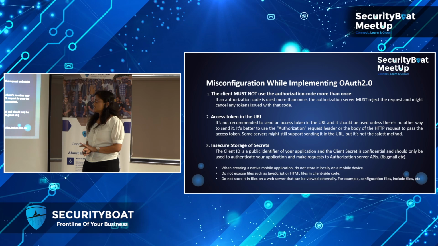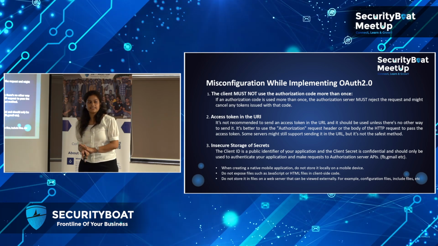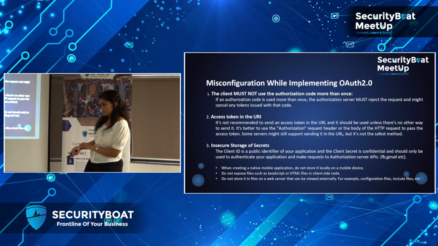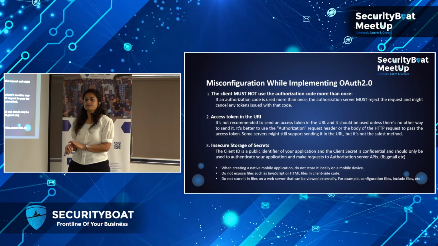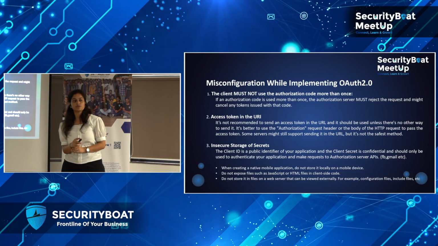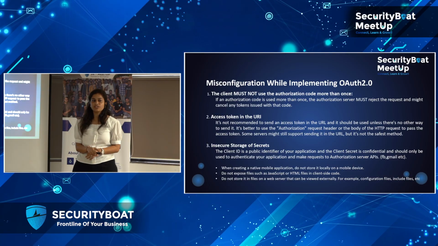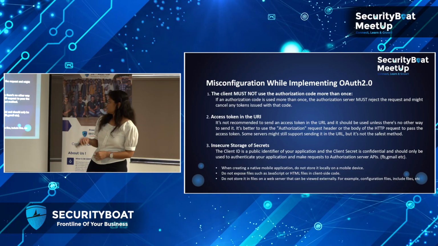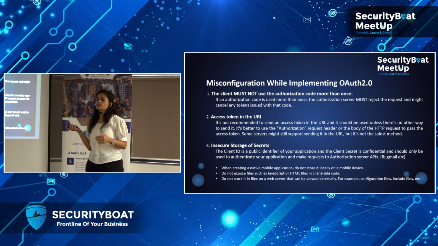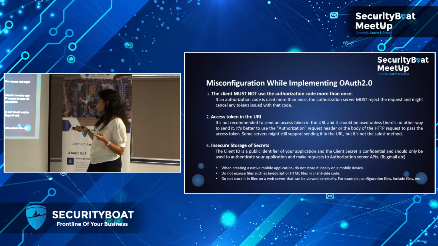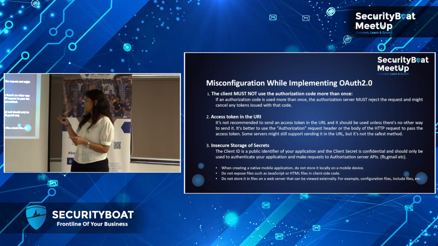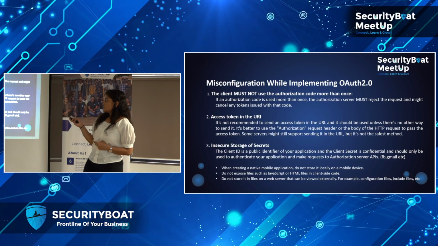So now we will discuss the misconfigurations that happen in OAuth 2.0. Let's say we are able to use an authorization code more than once, we can use it twice. That is not a good thing for an OAuth implementation, so we should take care of this. Then the access token in the URL.